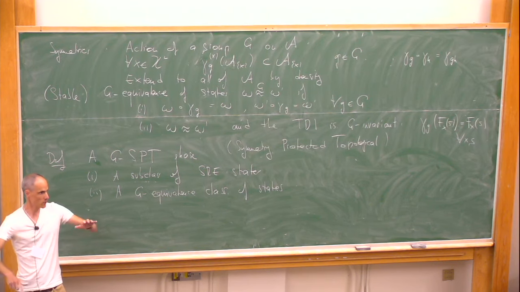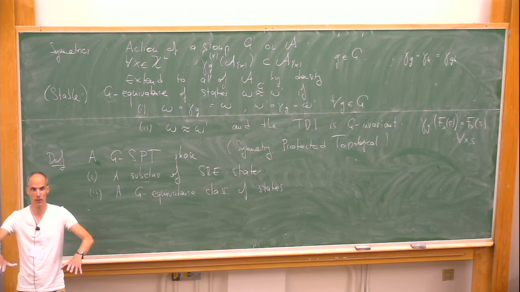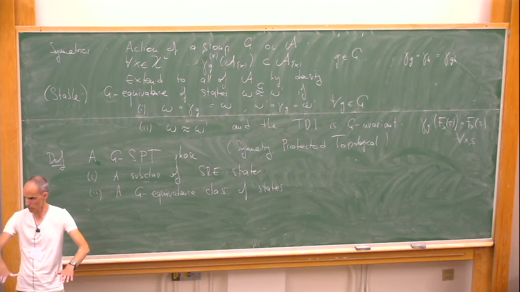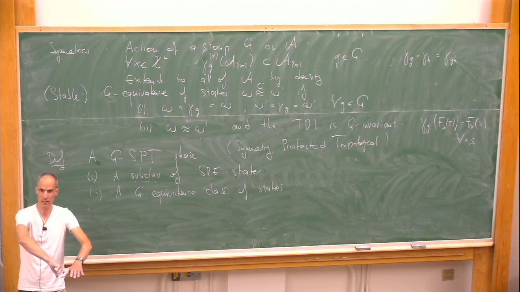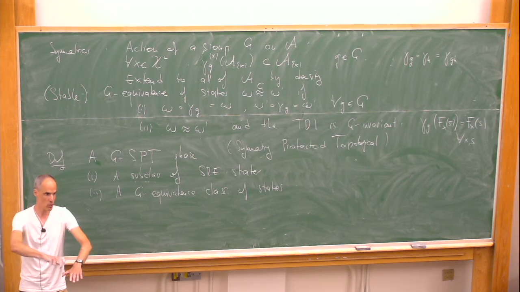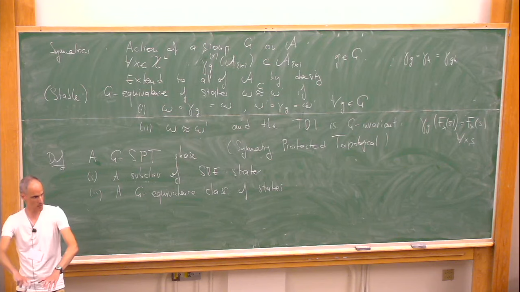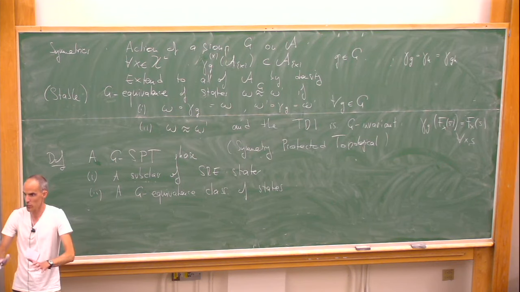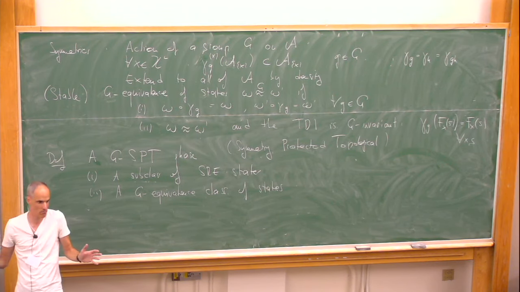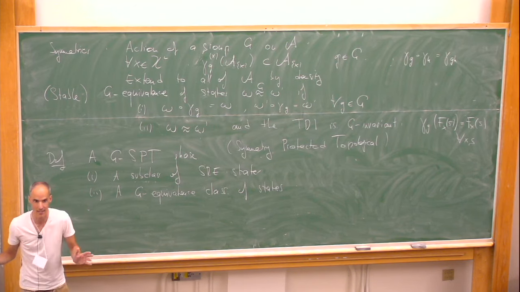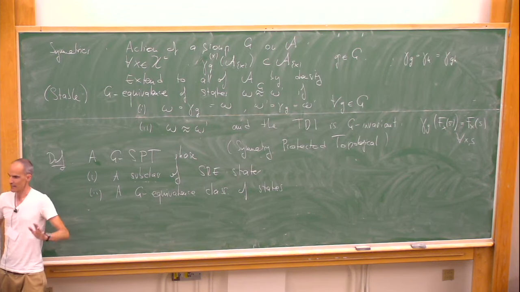Now the question is, if you take two such states, both invariant under the action of the group, can you deform one into the other while preserving the symmetry throughout? It turns out sometimes you can and sometimes you cannot. A priori, maybe there are no more phases, right? It could be, but it turns out it's not the case.